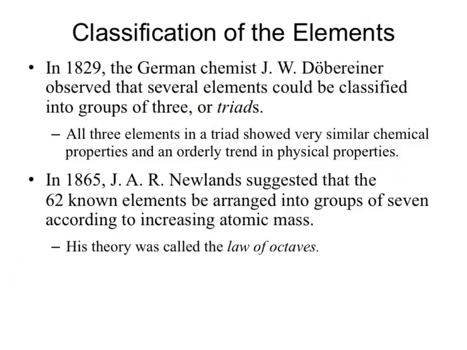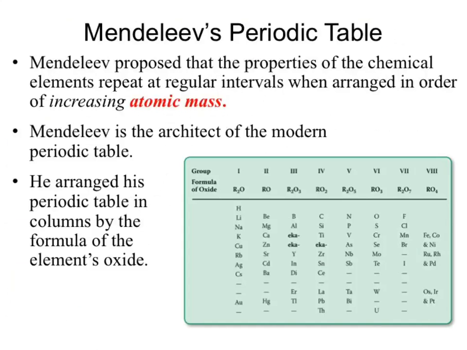Protons and neutrons. When did we know that we had protons? 19th century. There's no way that they would be able to organize these according to our atomic number, because they didn't even think there was something smaller than an atom. So you can't make that comparison for them. The only thing that they really had to be able to measure would be the mass of those particles. Okay, so they're looking at the mass, not the number. So he went through and organized it according to atomic mass.